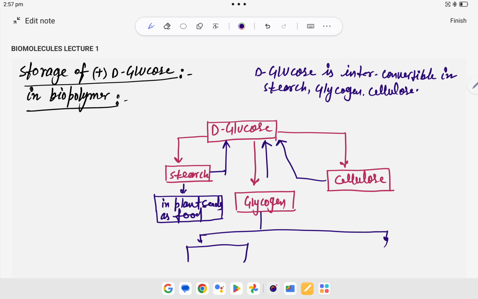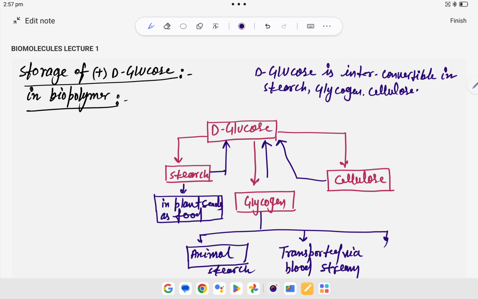Glycogen is also called animal starch, transported via the bloodstream and stored in the liver.